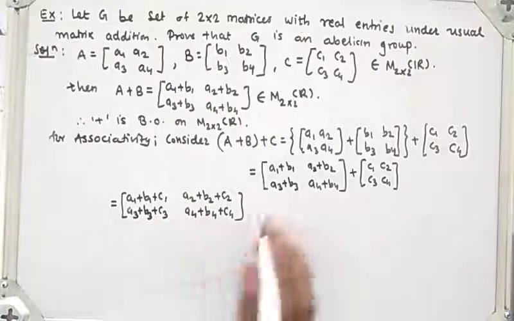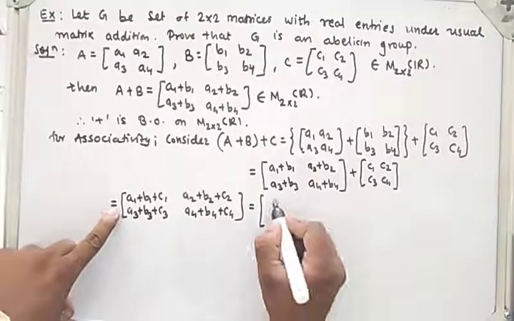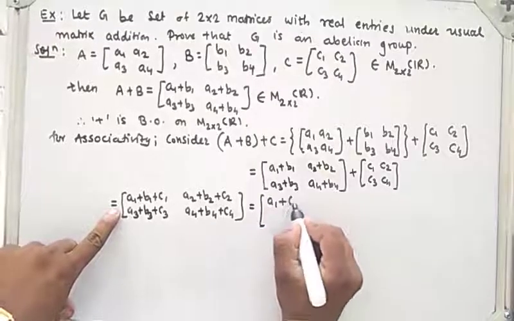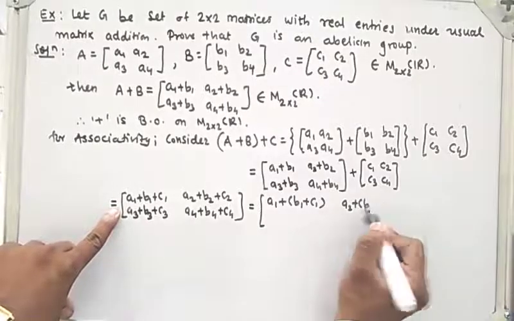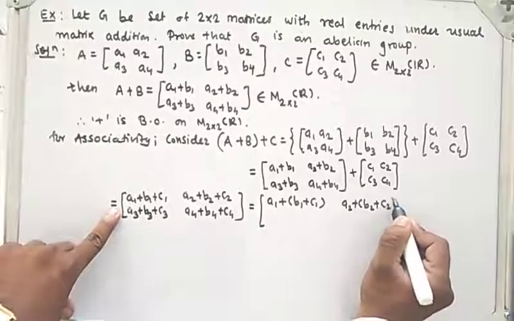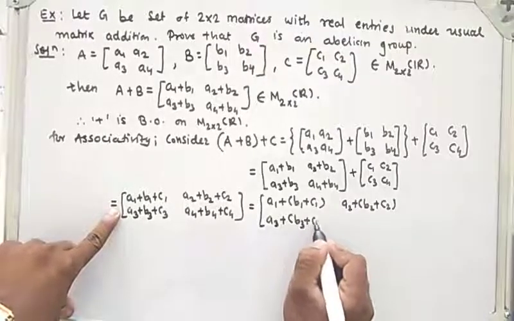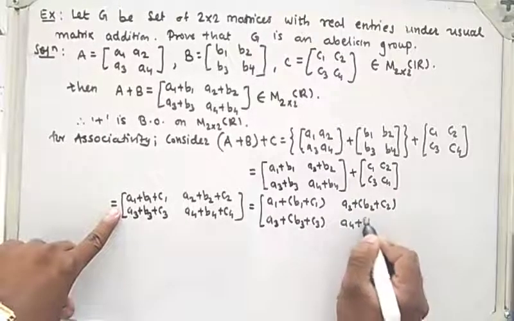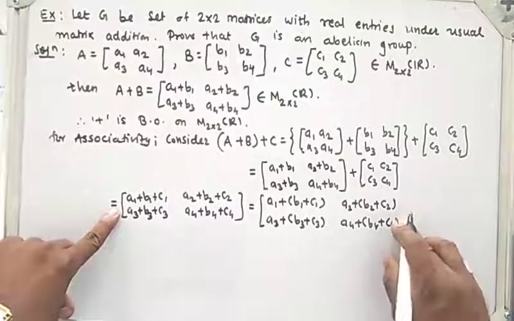This is usual addition. So I will write it like this. Here a1 plus, I will take a bracket, b1 plus c1. Next a2 plus bracket b2 plus c2, and there a3 plus b3 plus c3, a4 plus b4 plus c4, right?